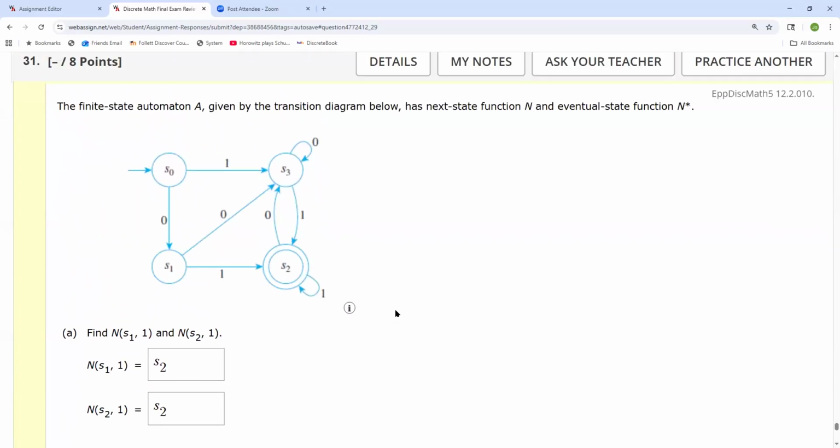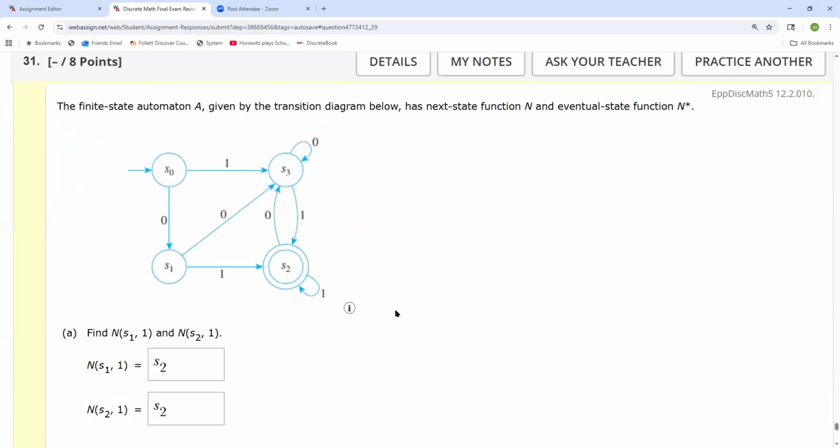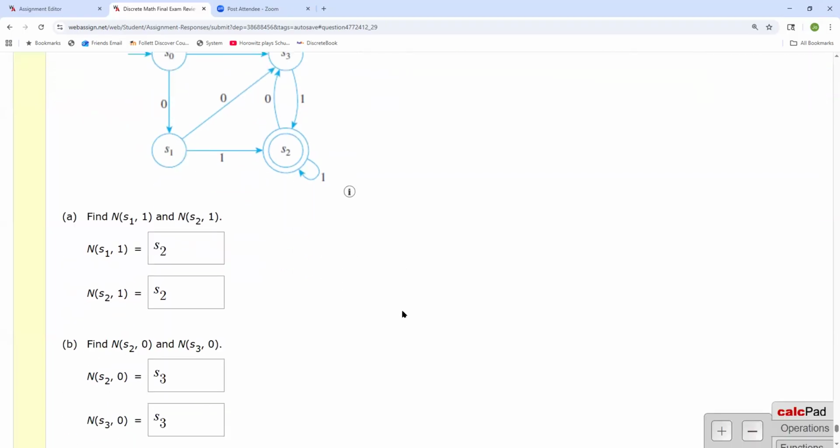So you're at state 0, and you do 0, 0, 1, 1, 0. So first you push 0, then you push 0 again, and then you push a 1, which moves you down here. Then you push 1 again, which loops you around, and then you push a 0, you'd end up at state 3, right? So let's double check, make sure I did that. 0, 0, 1, 1, 0.